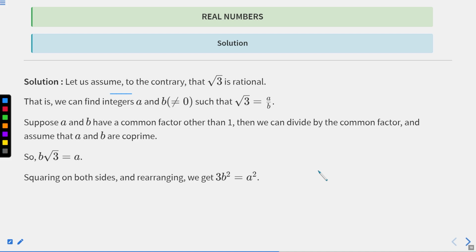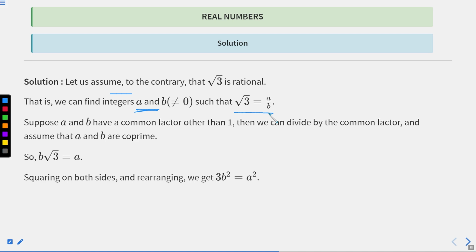So we can find integers a and b, where b is not equal to 0, such that root 3 can be written as a over b. We first consider root 3 is a rational number, but we have to show root 3 is an irrational number.